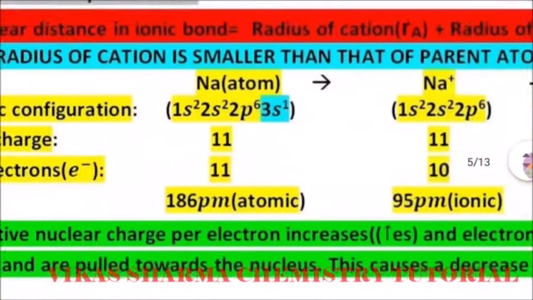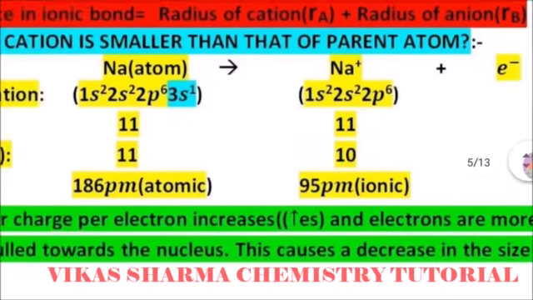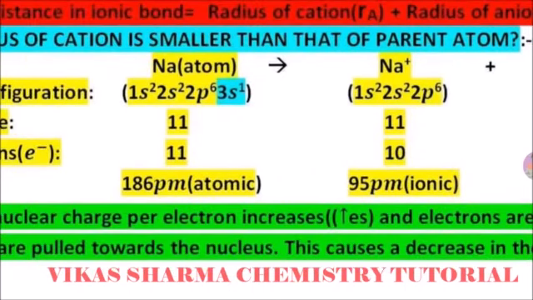The atomic size is 186 picometers, but when it forms the sodium cation, the size decreases to 95 picometers. So it is about half of the atomic radius.